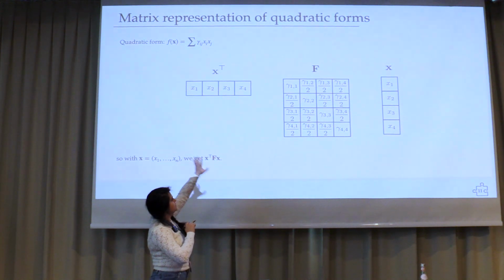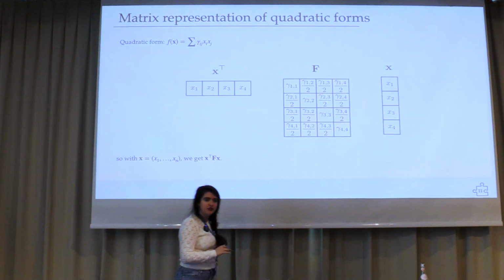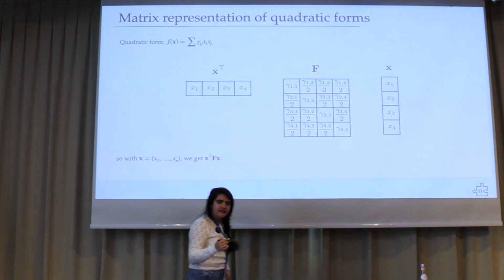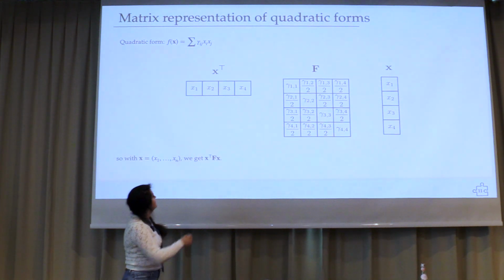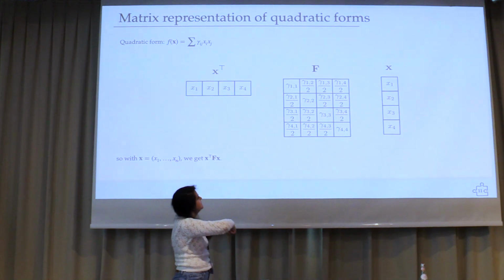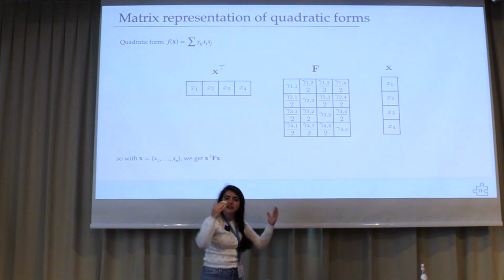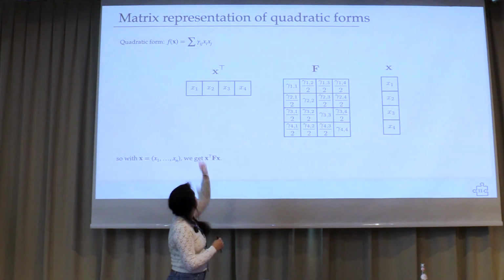And it follows like that everywhere. So on the diagonal, you have the actual coefficients, and everything else is divided by 2. Why do we represent it like this? Because if you take a vector x and multiply it with this coefficient matrix, and then multiply with x on the other side, you obtain exactly this polynomial.